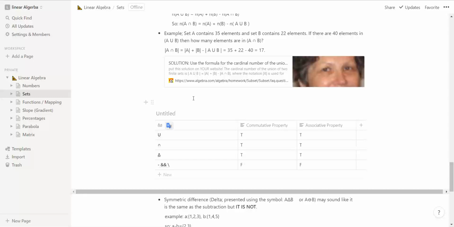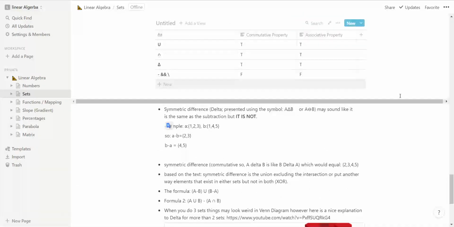Symmetric difference. This was the interesting part. You have A has 1, 2, 3, and B has 1, 4, 5.